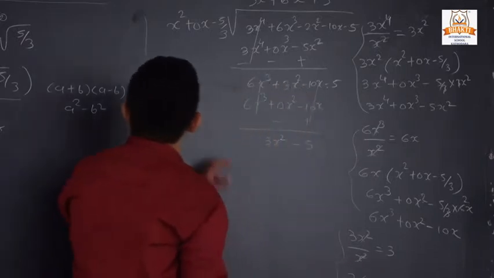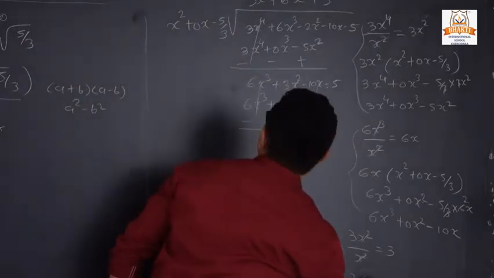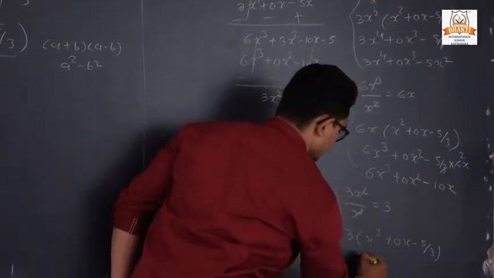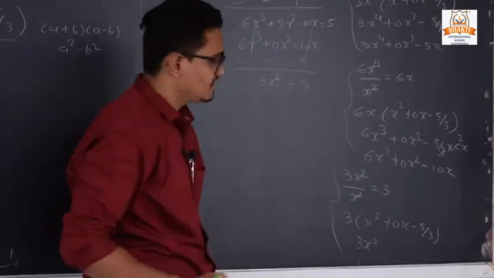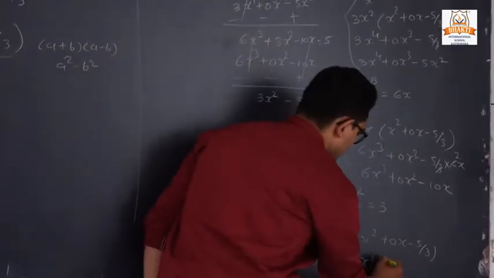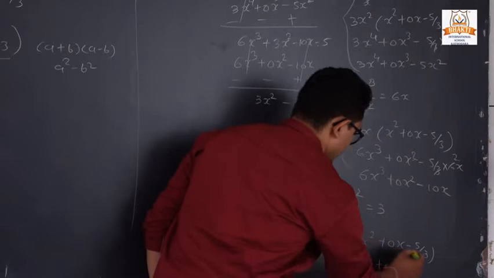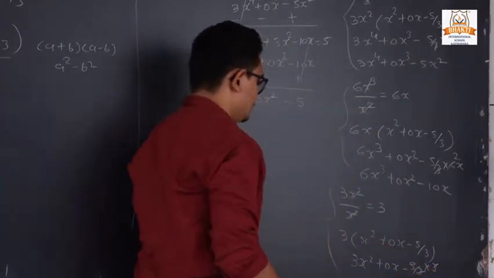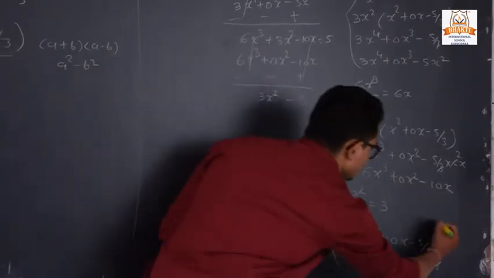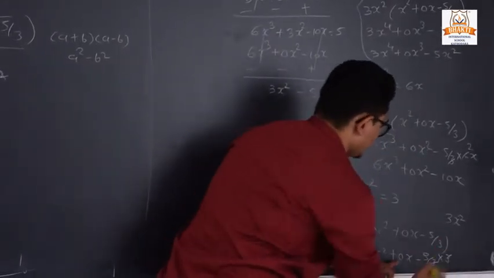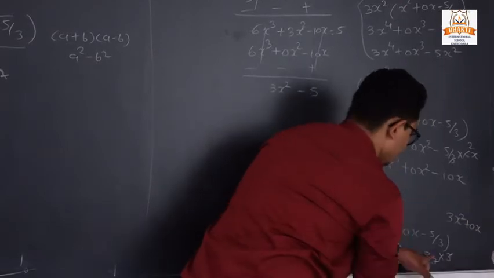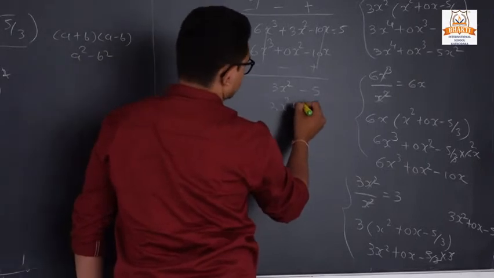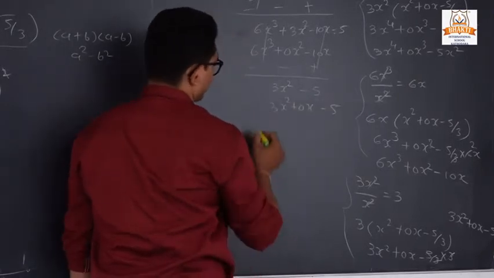Now 3 is multiplied with all of x² + 0x − 5/3. So 3 into x² is 3x², 3 into 0 is 0, and minus 5/3 into 3: the 3 cancels. So we get 3x² + 0x − 5.